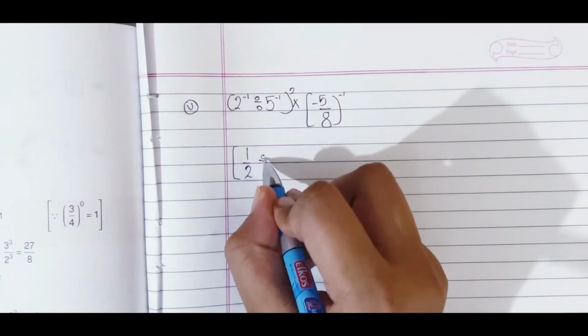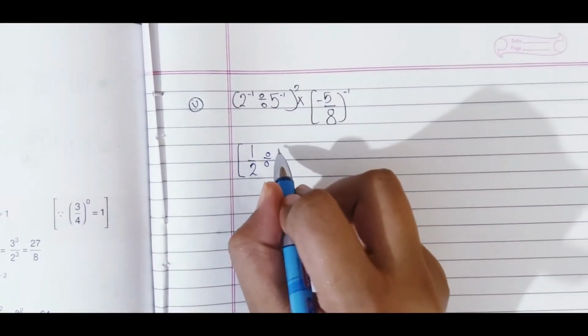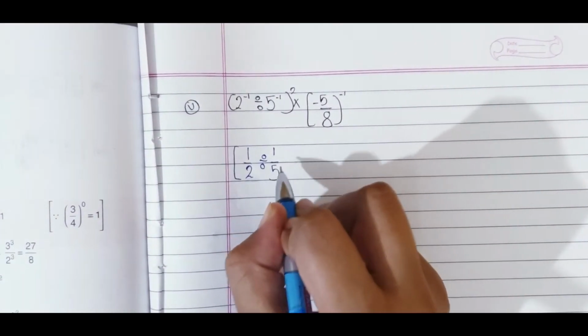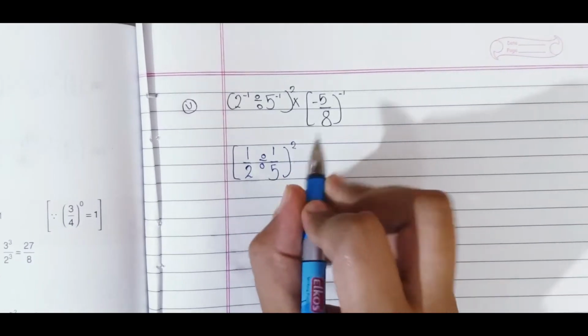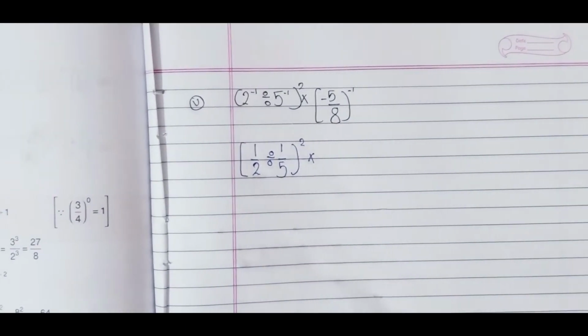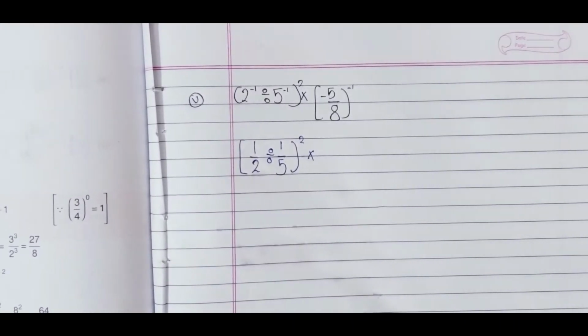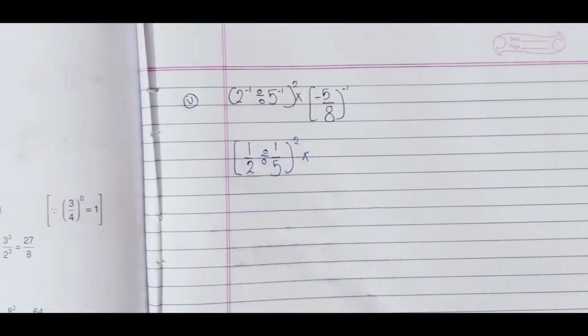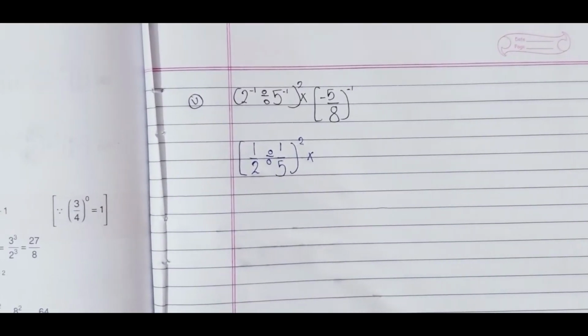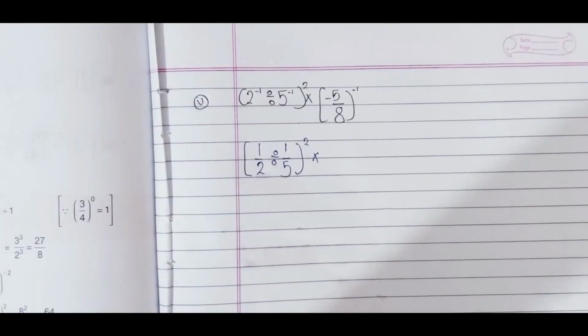So divided by 5 to the power minus 1 reciprocal is 1 by 5, bracket square, into 5 by 8 to the power minus 1. So as I had told in every video of this type, negative power is not accepted in the answer.